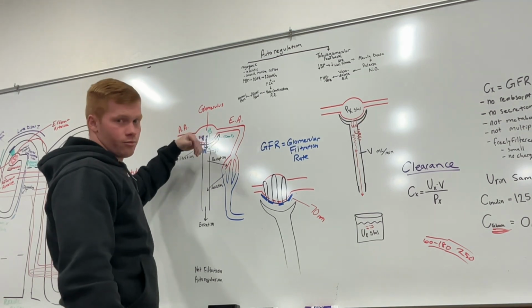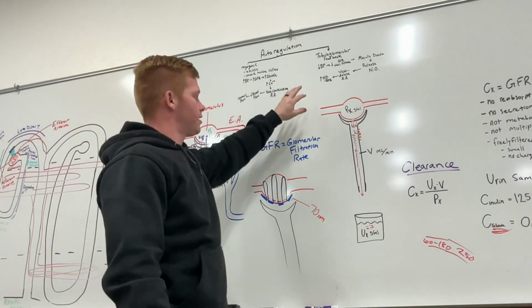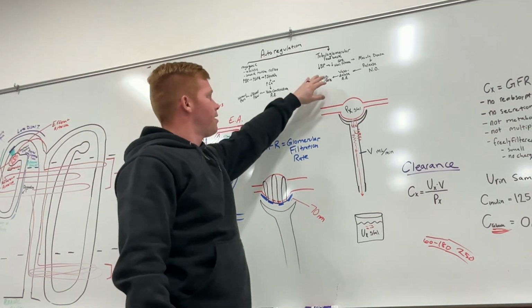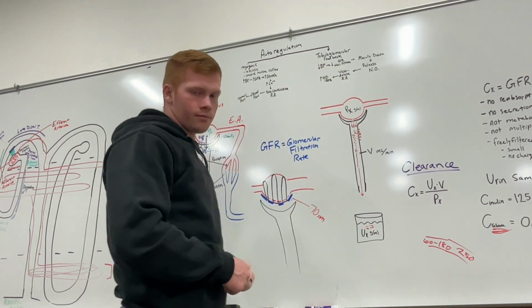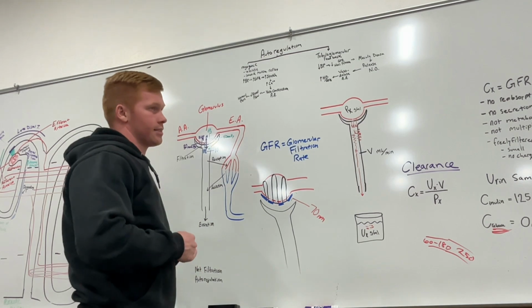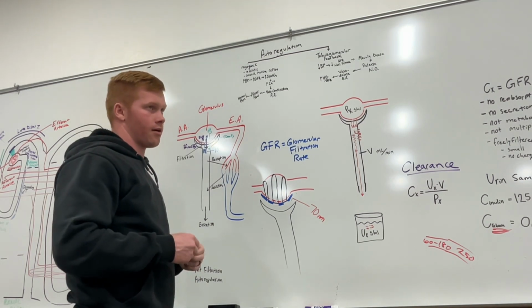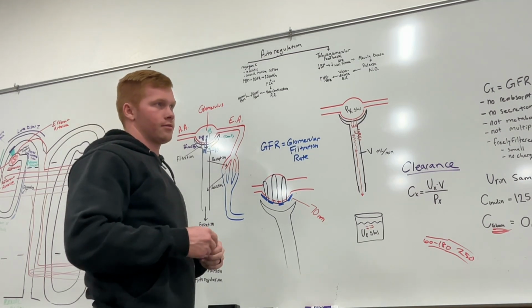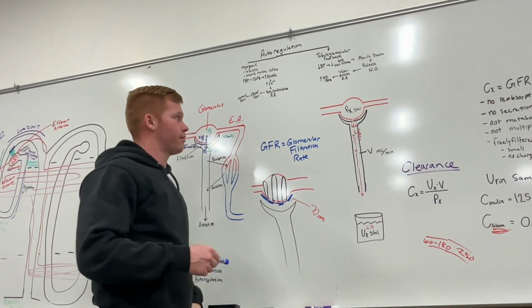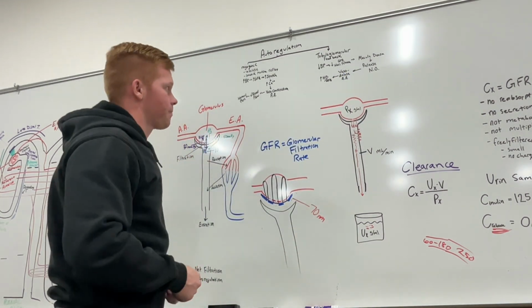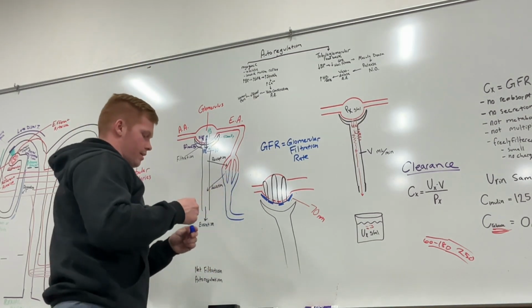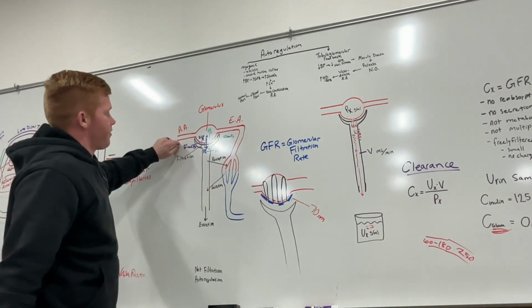So less stuff being filtered out decreases the GFR. That decreases the NaCl in the filtrate. And then the macula densa senses that and says, okay, there's less NaCl, there must be a low GFR right now. And so the macula densa is going to release nitric oxide, and nitric oxide is then going to dilate the afferent arteriole.